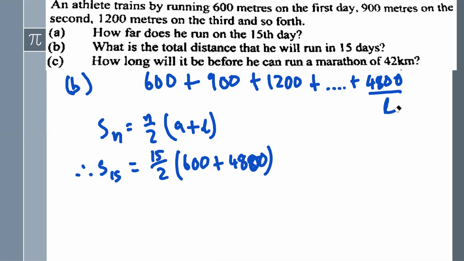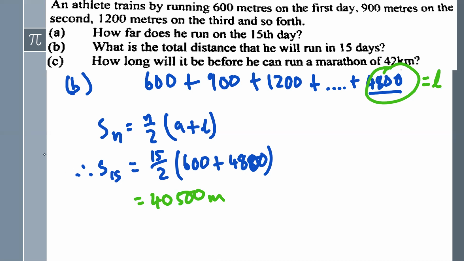This can be quite deceptive. I should probably use a different color here and indicate that we know the last term. So if I do this, of course, I'm going to run into my Casio FX82ZA Plus, and I will press in these values as they are, and I get 40,500 meters. This is what he does in 15 days.